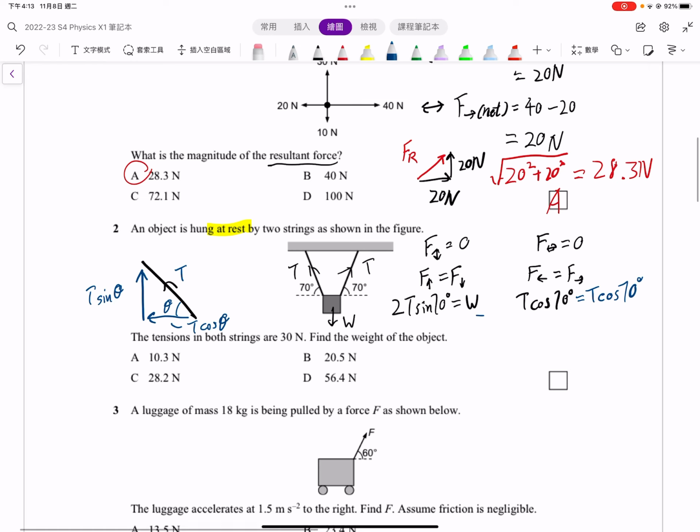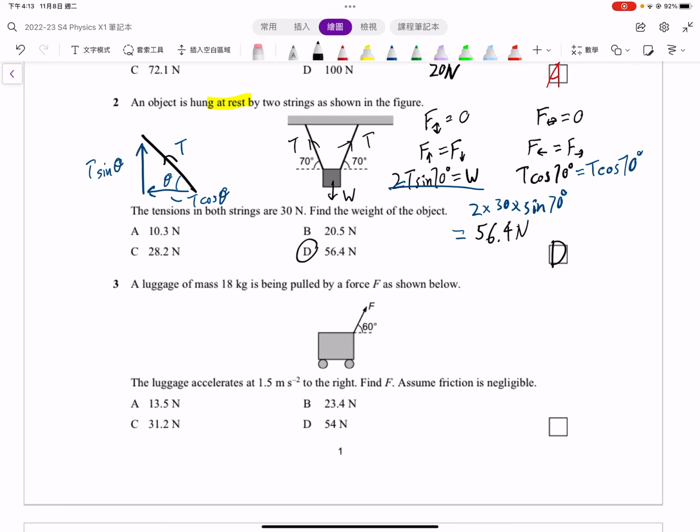When you want to find out the weight here, you can use the tension, import it to it. So 2 times 30 times sine 70 degrees. Weight would be equal to 56.4 Newton. So the answer is D.